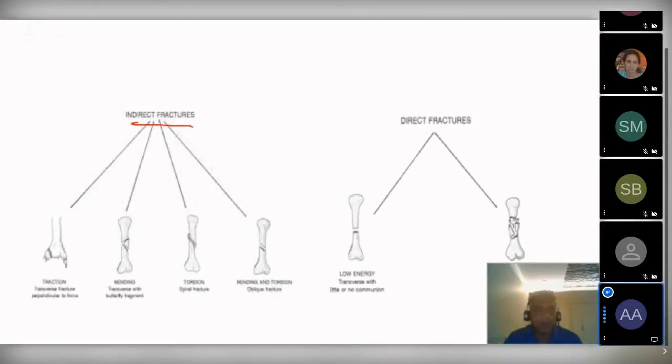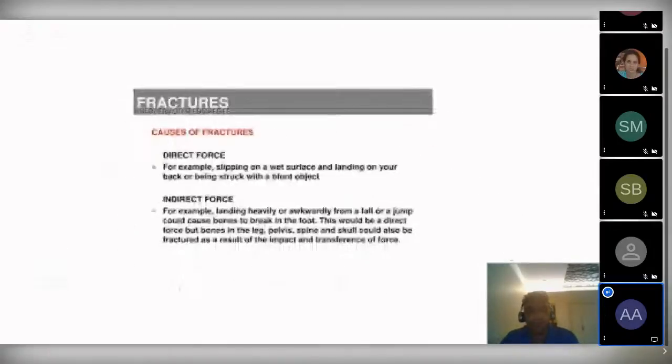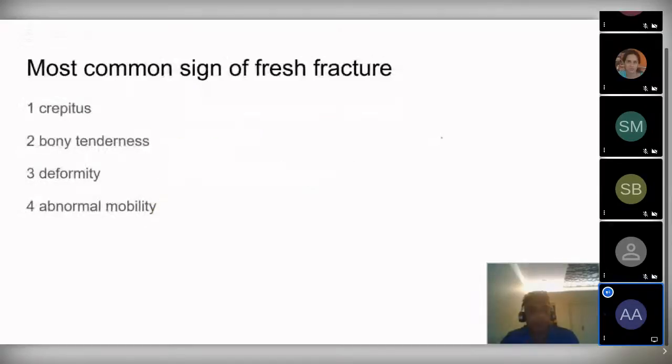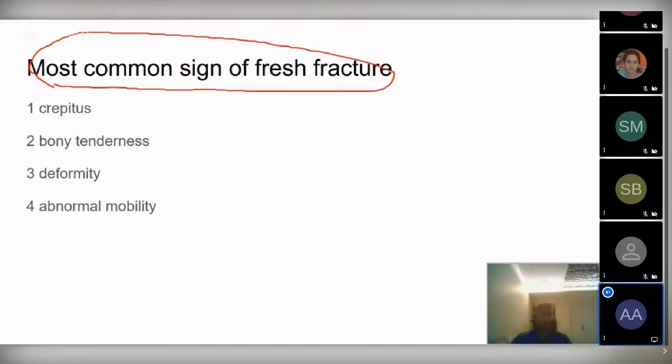So only indirect and direct fractures. I'm not going into that. One more repetition. Okay. Most common sign of fresh fracture. I want somebody to answer this. Quick, it is a very interesting question.